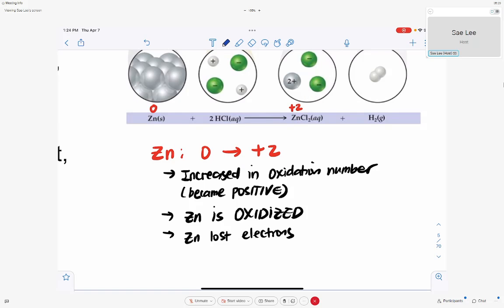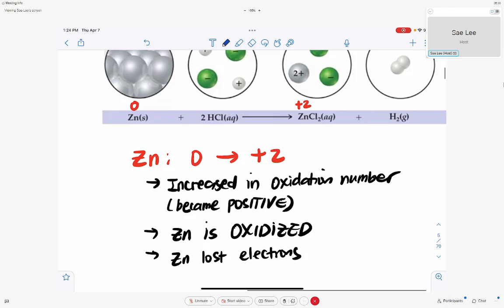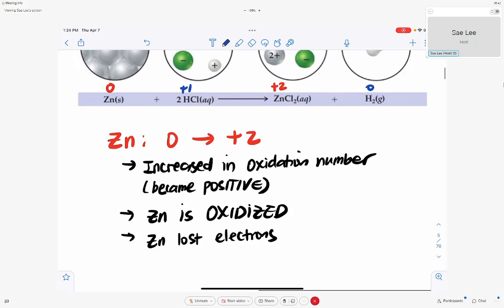For hydrogen, the oxidation number changed from +1 to 0.